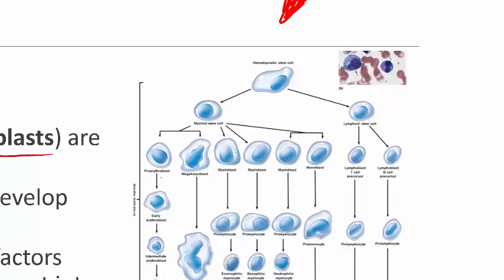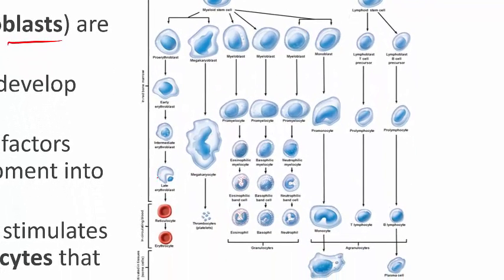So with erythropoietin around, that myeloid stem cell will divide, and one of the offspring cells will become a pro-erythroblast, and that will send that cell down this developmental timeline.